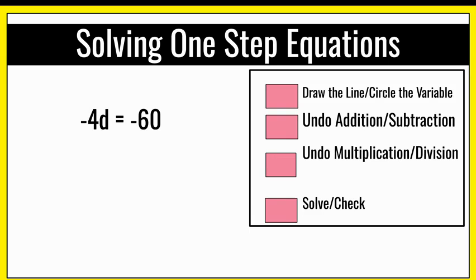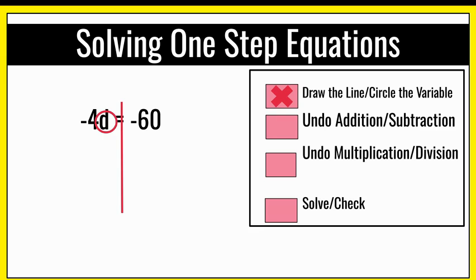Here, I have negative 4d is equal to negative 60. So if I separate the left and right side of my equation by drawing a line, you'll see that d is your variable. It's the thing that you're trying to isolate or get by itself. I see that d is being multiplied by negative 4. This is something you have to be really, really aware of: when a number is next to a variable, any letter you're solving for, that means multiplication.